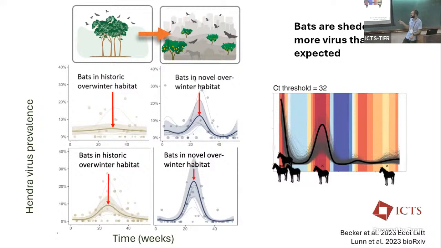And you actually end up seeing that there's more virus in those aliquots too. It's not only that the proportion of aliquots is higher, but there's more virus in those aliquots too. So they're having these really big shedding events during winter in these degraded habitats following a food shortage.